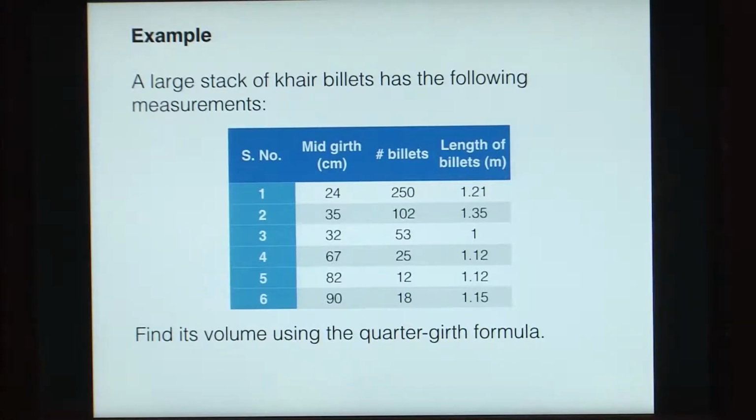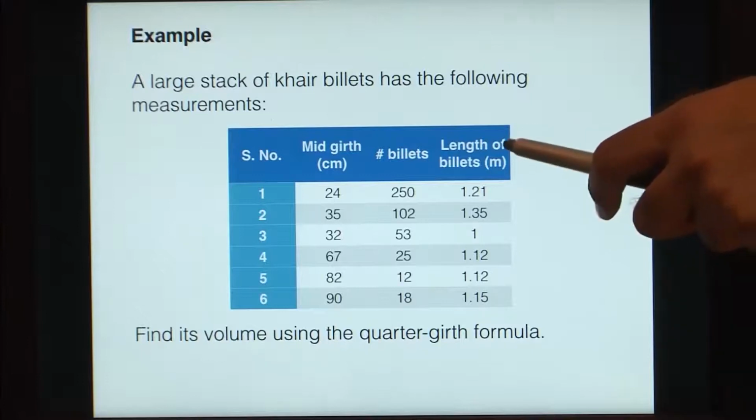We are given a number of sub stacks with the middle girth and the number of billets in each, and the length of the billets is also given, and we are required to find its volume using the quarter girth formula. Here again the mid girth G is given, and the quarter girth is G by 4. The volume of one piece of wood will be (G by 4) square into the length of the billet.